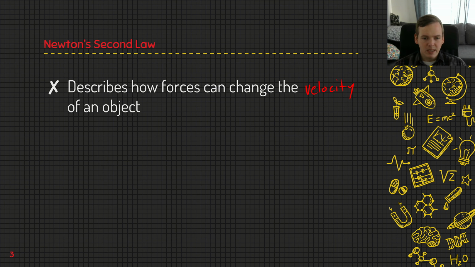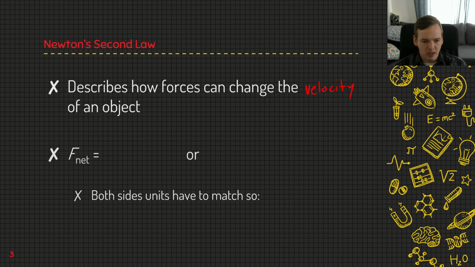The way we usually see it depicted is that the net force equals the mass times acceleration, or sometimes you'll see this notation with sigma F equals ma. And this sigma, again, is just net or sum.